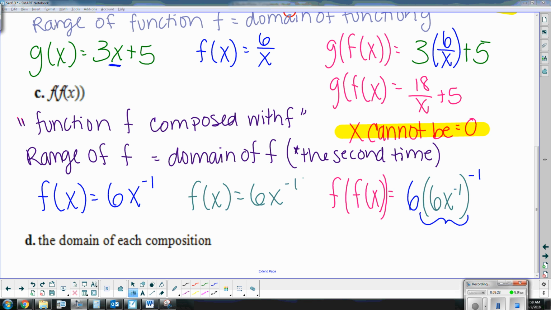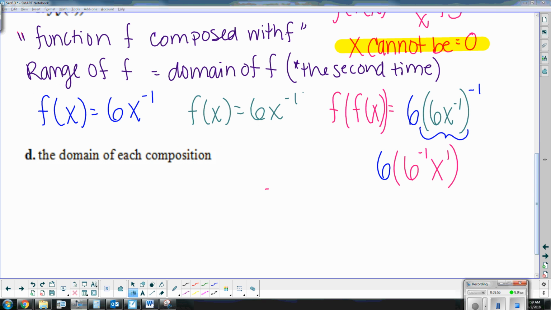So here we have to apply some properties of exponents. So 6 times x to the negative first, all to the negative first power. We have to distribute that negative first power. So we have 6 times 6 to the negative first times x to the first, because negative 1 times negative 1 is positive 1.